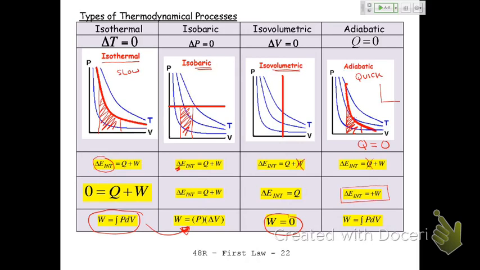I'm going to draw a little diagram to the side. There are my isotherms. That is not an adiabatic change.